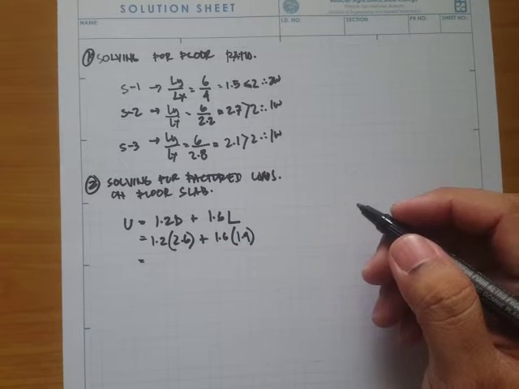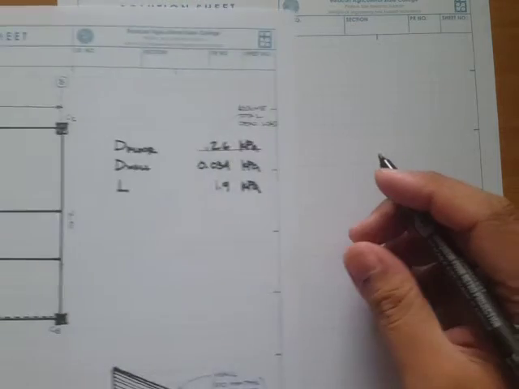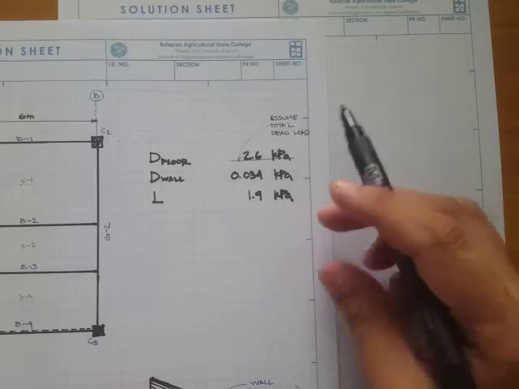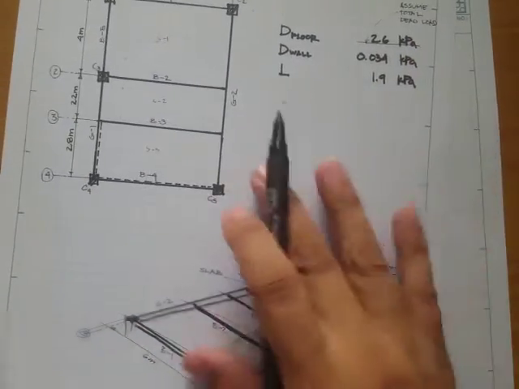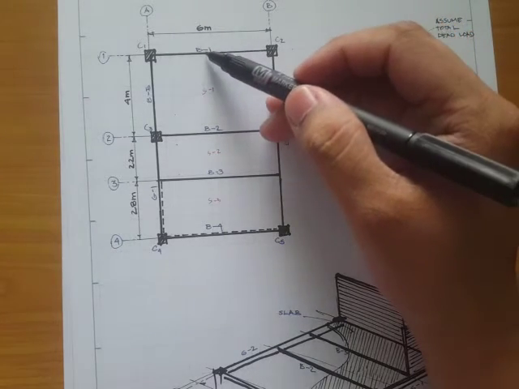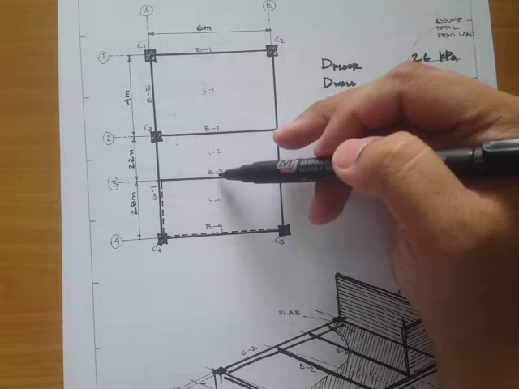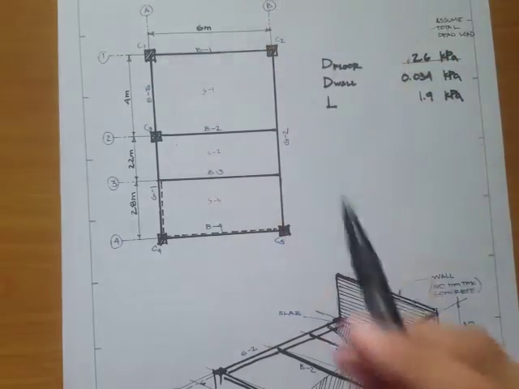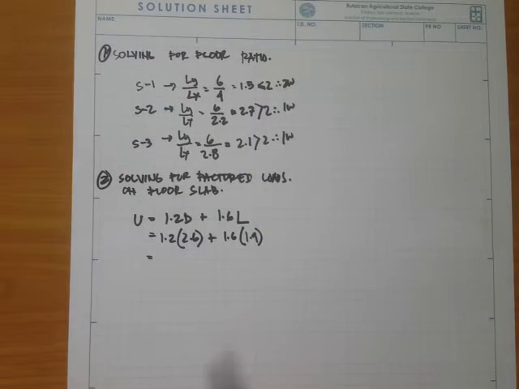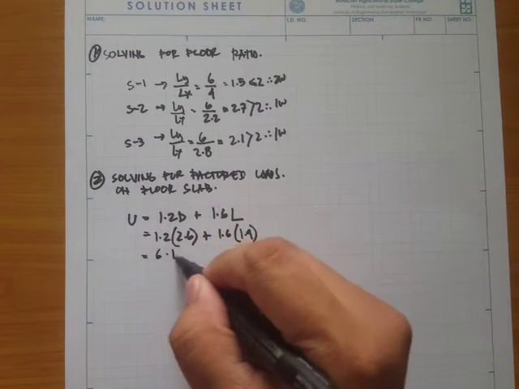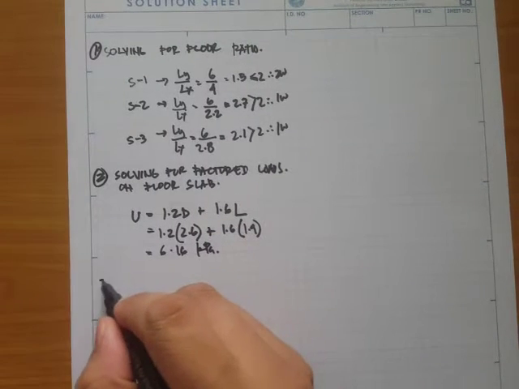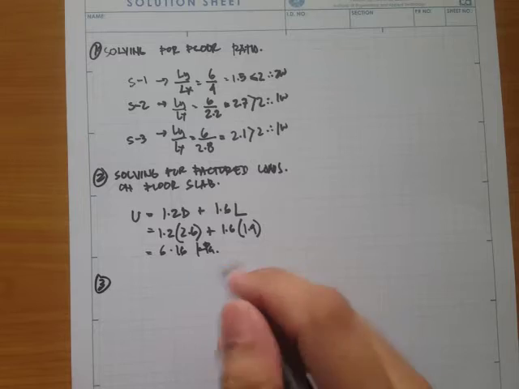Take note that we didn't include the wall for now, because we'll have it separately. We'll solve in order. We'll solve B1 first, and then B2, B3, B4, and so on. If we solve this, we get a value of 6.16 kPa. Okay, so now let's solve for B1.